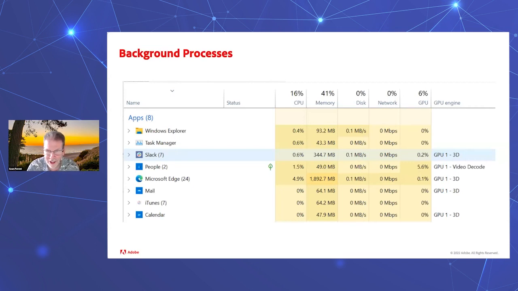I have no idea why that's happening, but apparently my address book needs to do video decoding. So when I look at my M1 MacBook Pro numbers, they look surprisingly similar to what you would see on a Windows box.